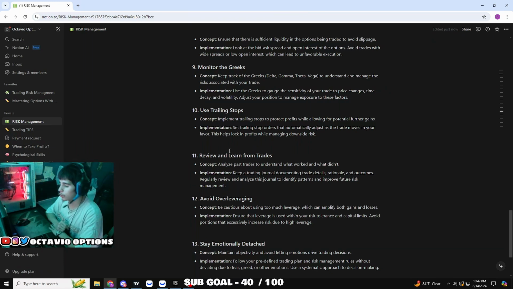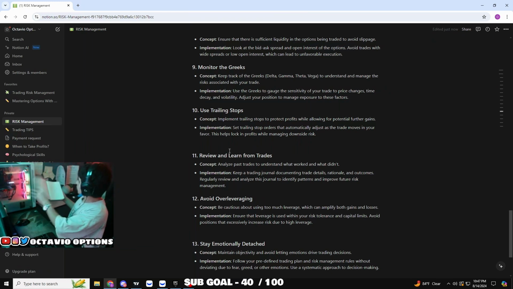Keep a trading journal, guys. I keep at least 3 trading journals. I don't even know where I left them. Right here, this is one. But you can see I take a lot of notes. Little by little, I'm gonna need a new one.